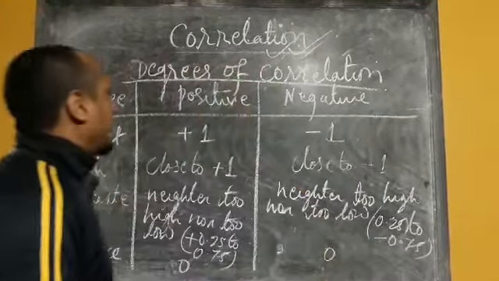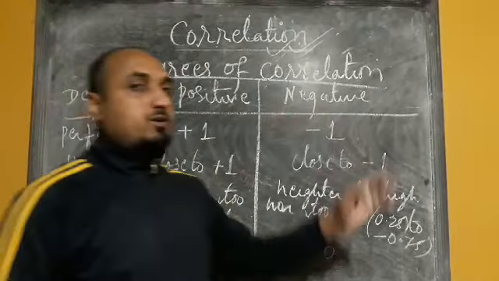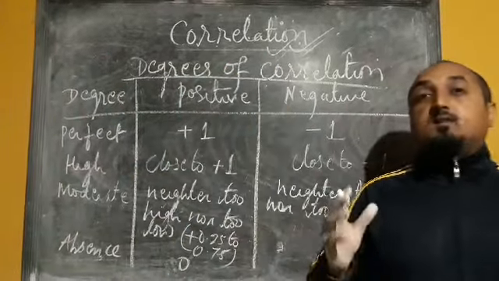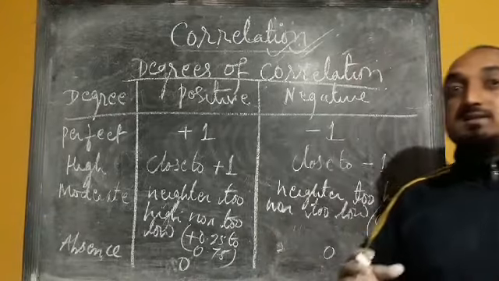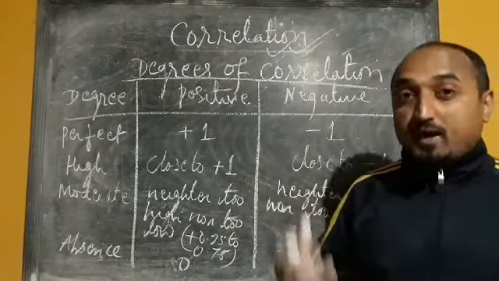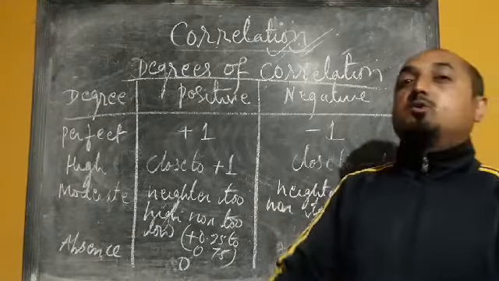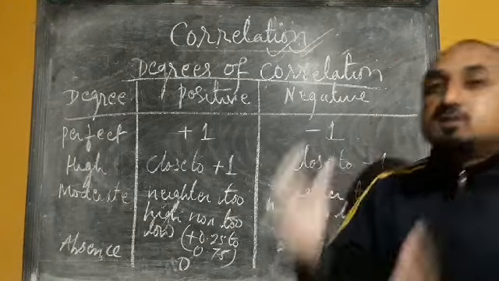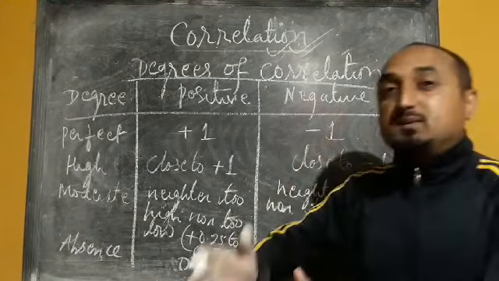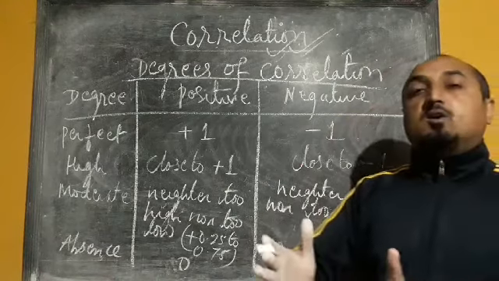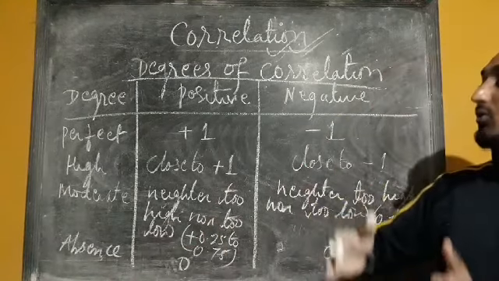Now next topic we have degrees of correlation. So here when we determine the value of the correlation coefficient, on the basis of that value, we can say that there is a perfect correlation, a perfect positive correlation, a perfect negative correlation, a high correlation or a low correlation.